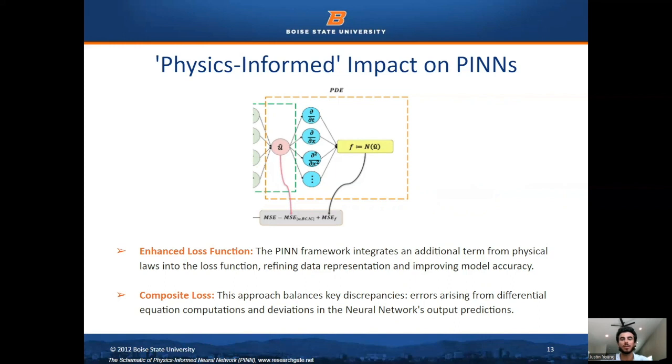This is the key ingredient of the physics-informed neural network that balances the two main discrepancies of errors arising from the differential equation computations, as well as the deviations in the neural network's outputs. In balancing these discrepancies, a physics-informed neural network improves its prediction accuracy while also ensuring that these predictions align with the fundamental laws of physics, offering, once again, a more robust and reliable model.